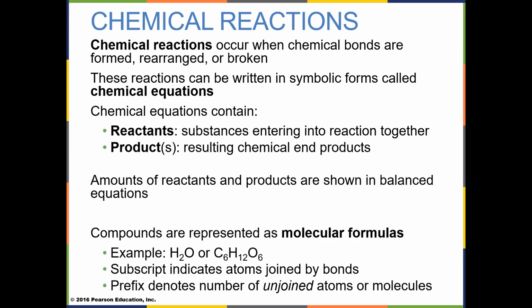Now, every chemical reaction is always going to have a reactant and a product. The reactants are the substances that come together to form, reactants cause a reaction. It's pretty redundant, but it's basically the truth. The reactants are what you bring together to cause the chemical reaction to occur.